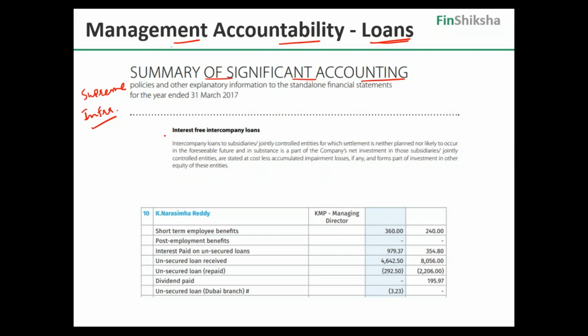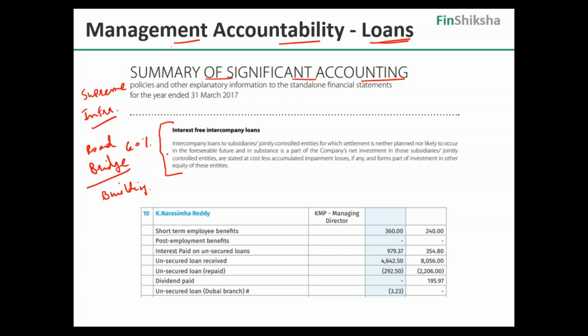Now, why this is important is they have given a lot of loans to the subsidiary companies. So let me give you a backdrop of what Supreme Infrastructure does. Supreme Infrastructure is primarily into road and bridge construction, from which they get 60% of their revenue, and building construction.